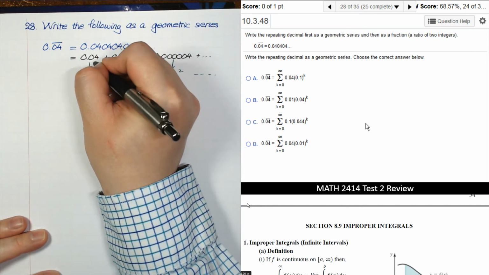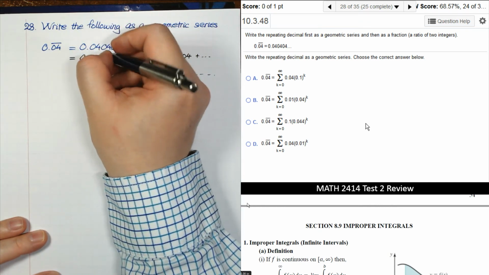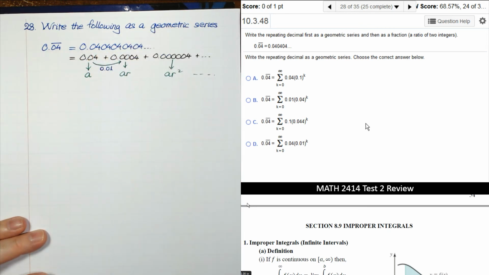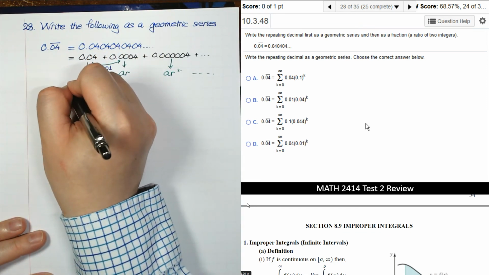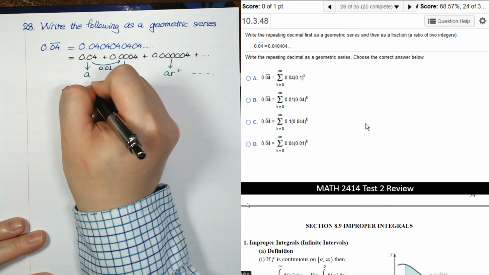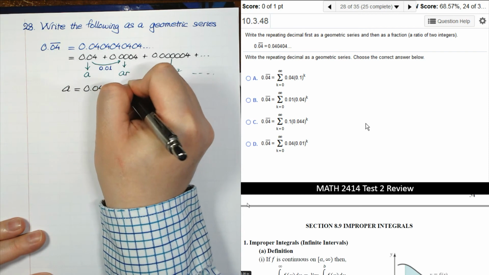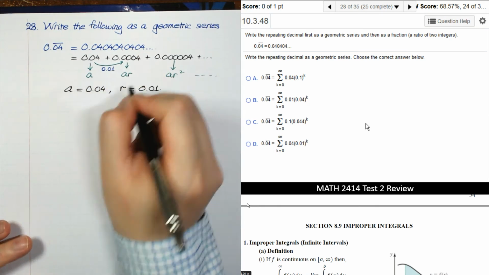How do we get from this term to the next? We multiply by, in this case, 0.01. So when we write like that, we know the first term is 0.04 and the common ratio is 0.01.